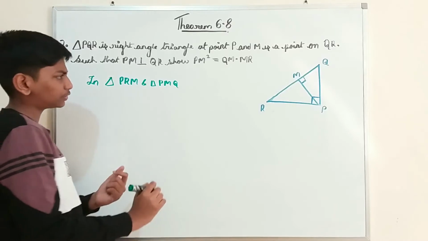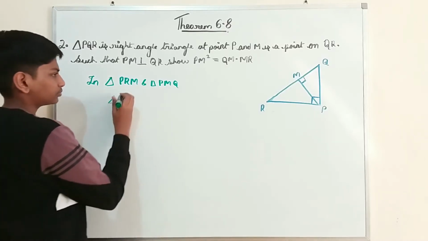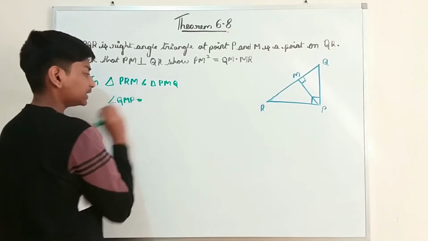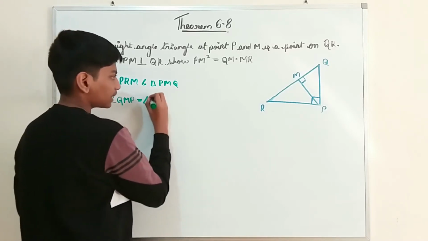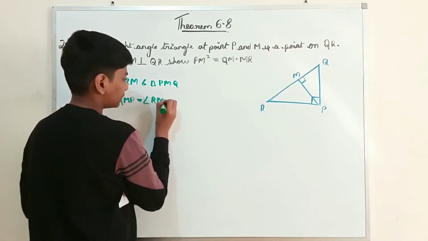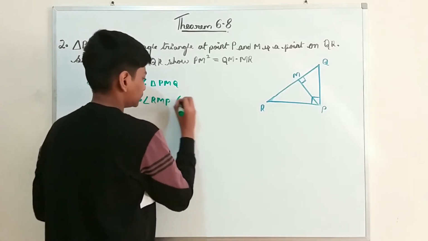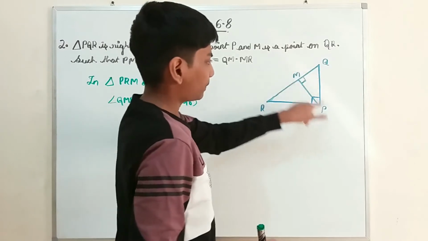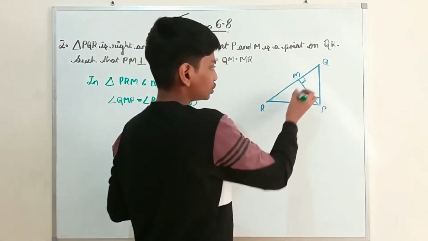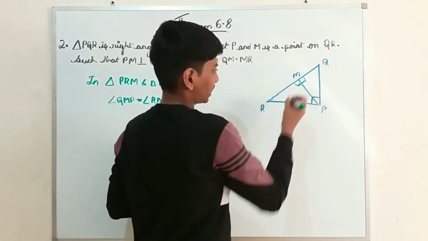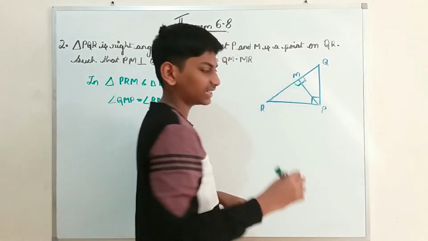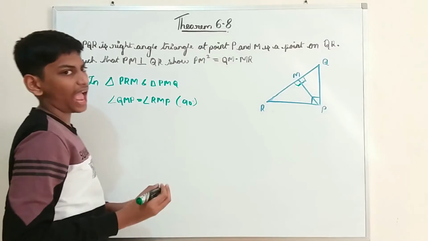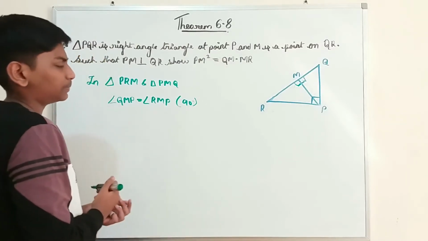So if you closely look, angle QMP should be equal to angle RMP because they are 90 degrees. So this angle should be equal to this angle because both are 90 degrees. Okay, so one more angle we need to get. So what can it be?